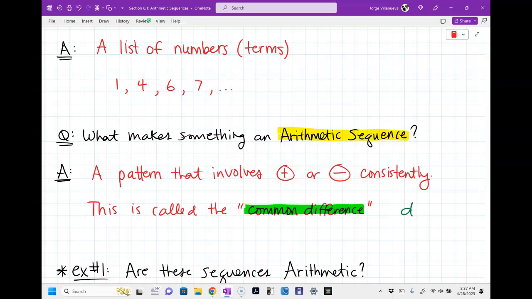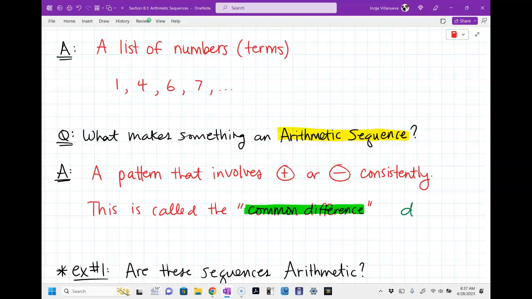There's going to be another sequence called the geometric sequence, and that one they're going to call the common ratio, and that's going to be denoted by the letter R. Okay, so it's not going to always be the same letter. So an arithmetic sequence is considered an arithmetic sequence because the sequence itself, the list of numbers, changes by a consistent addition or subtraction of the same number.